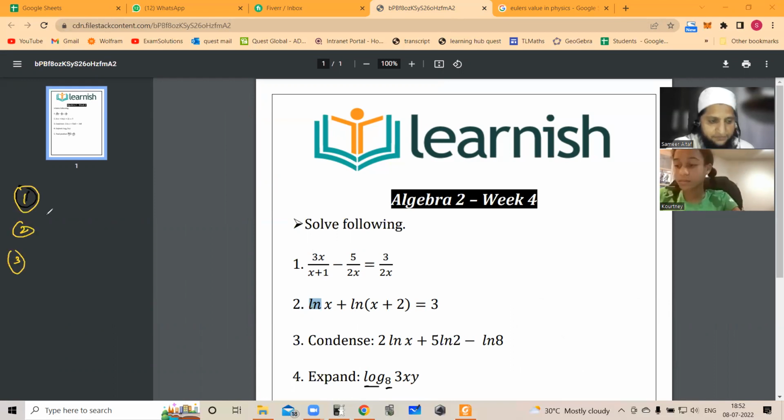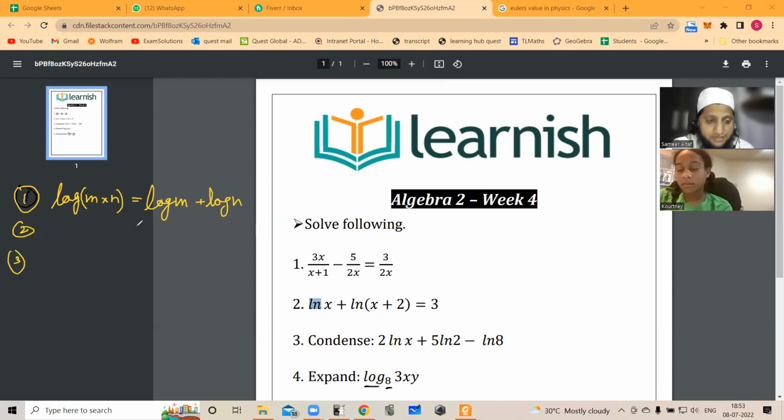1, 2, 3. When you're having log of m times n, any two numbers and their multiplication, then you can write it as log of m plus log of n. The base is the same in all three.